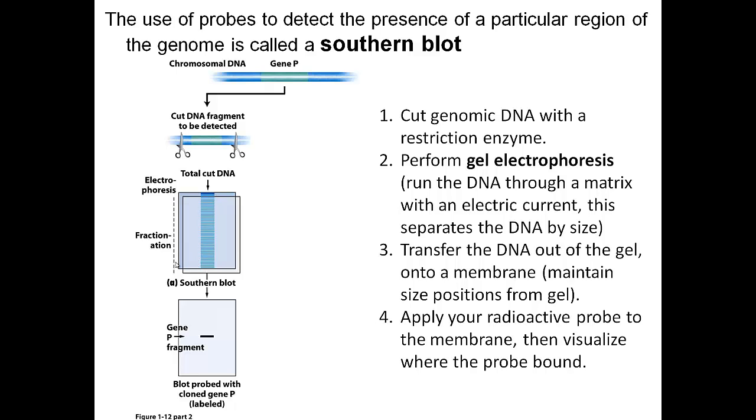This would use horizontal application of a current to move that DNA out of the gel and onto that membrane just underneath it. Finally, we would use a radioactive probe to locate the position at which that sequence of interest lies. Here we see that radioactive probe bound to this particular band, and that would tell us that that particular sequence was present in our genomic DNA sample.